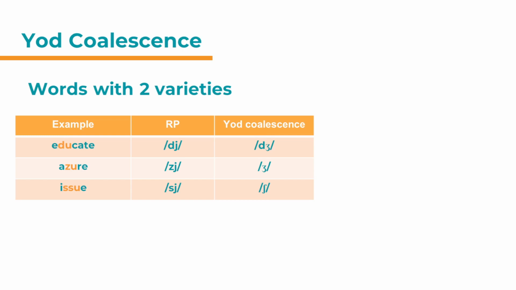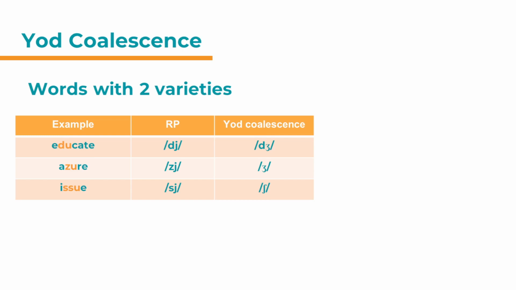Here we have the word azure, and for those of you who don't know that word, it refers to a color, bright blue, like a beautiful bright blue sky without any clouds. Azure in RP, but with Yod Coalescence, azure. And our last and third example, we have issue, received pronunciation, or with Yod Coalescence, issue.